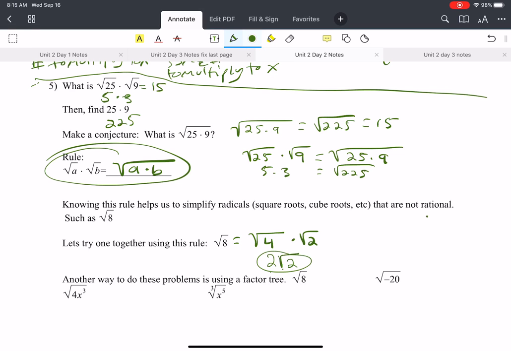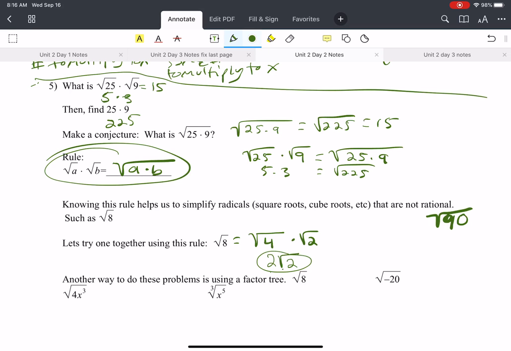Let's try the square root of, how about 40? No, let's do 90. Square root of 90. Can you guys think of a perfect square that is a factor of 90? 10 is a perfect square. Is the square root of 10 a perfect number?